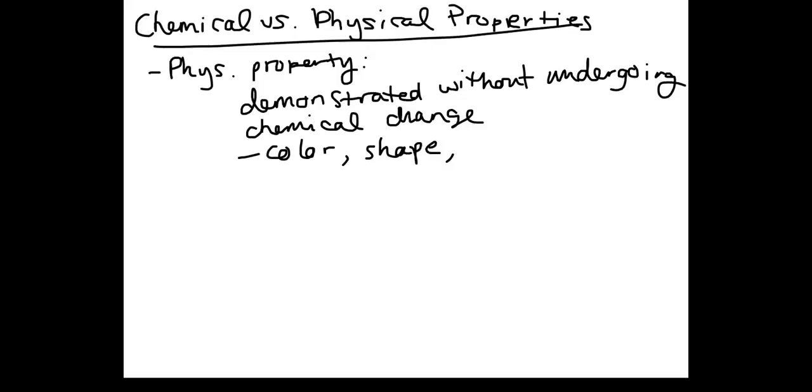You can just hold it. So mass, density, what did you say? Size, texture. Now, based on the fact that we said that boiling and melting are physical changes, are boiling point and melting point physical properties? Yes, because when you boil something, that tells you what the boiling point is, but you're not doing a chemical change to determine the boiling point. So boiling point, freezing point, things like that.